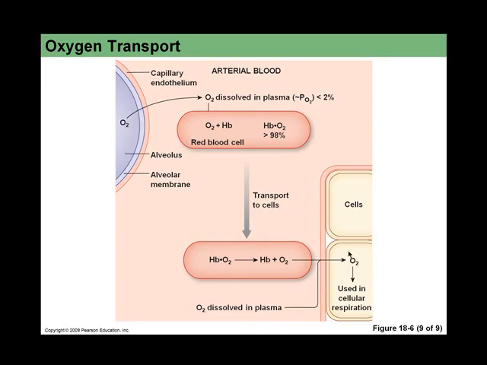So the draw of oxygen into the cell as it's used for cellular respiration is the end point of this molecule coming in from the atmospheric air as oxygen, and that, if you want to think of it, is the sink that sustains the concentration gradient, pulling from the oxygen dissolved in the plasma.